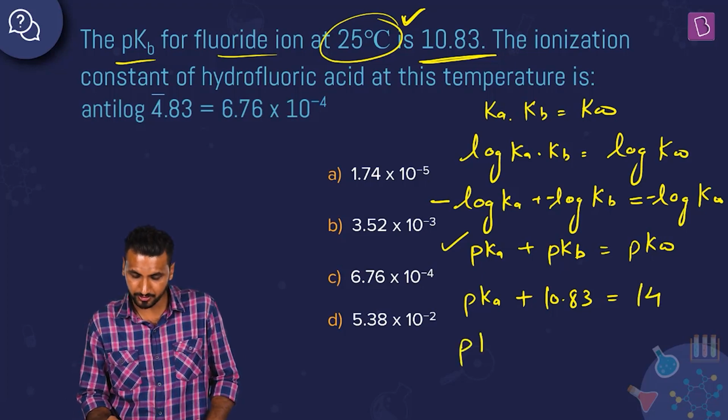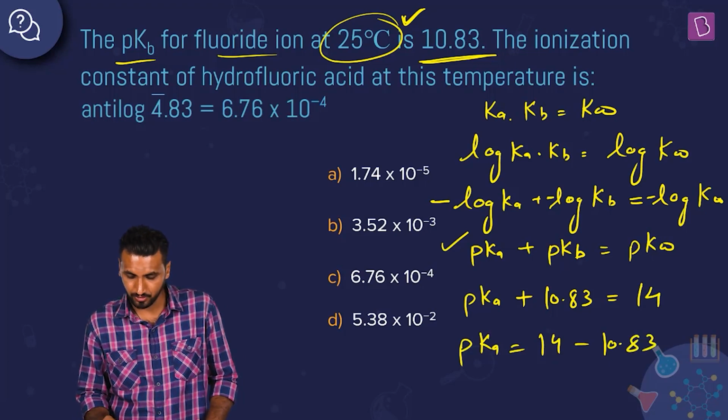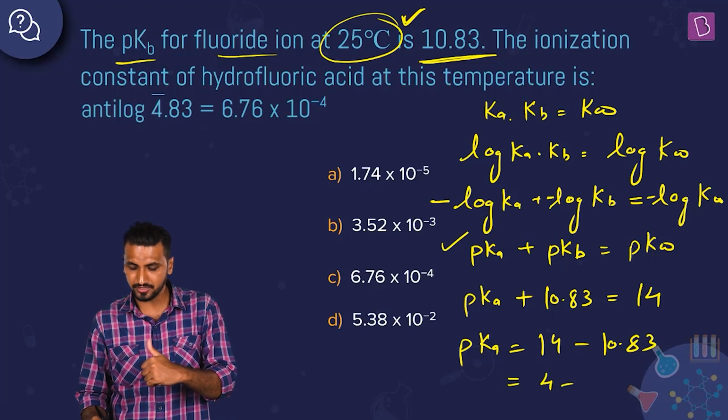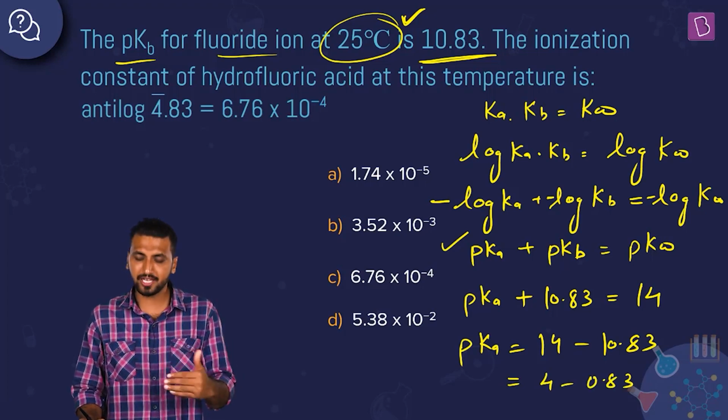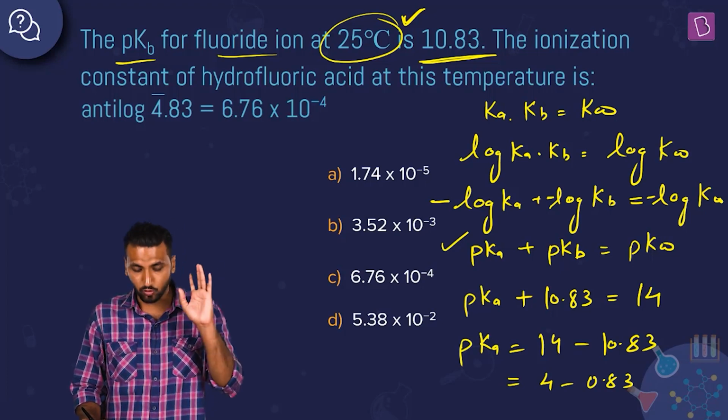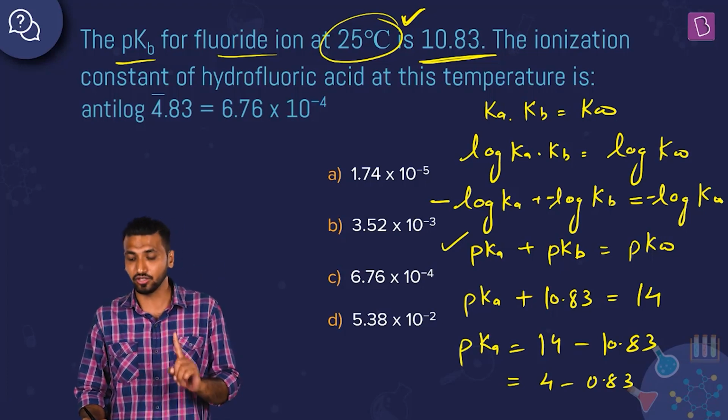If you solve this, pKa will be 14 minus 10.83. Okay, so this will be 4 minus 0.83. Why am I not writing 3.17? There's a reason behind that. Why? Because I need to calculate the antilog, right?